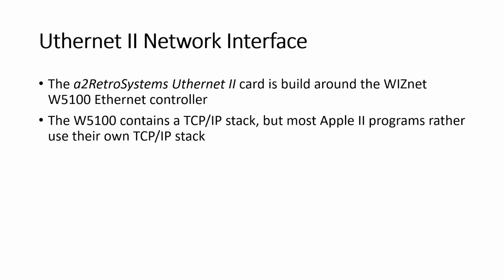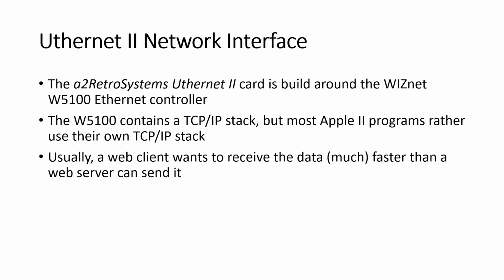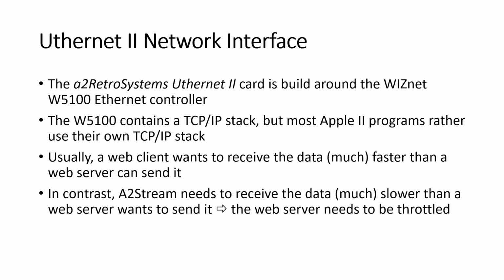So why is this TCP/IP stack aspect important to us? Usually, a web client wants to receive the data much faster than a web server can send it. It's just waiting. In contrast, A2Stream needs to receive the data much slower than a web server usually wants to send it, so the web server needs to be throttled.